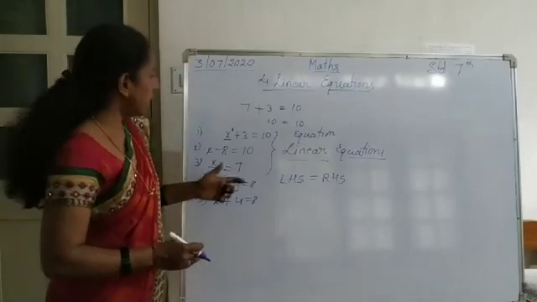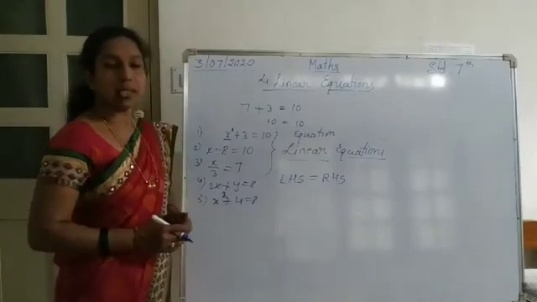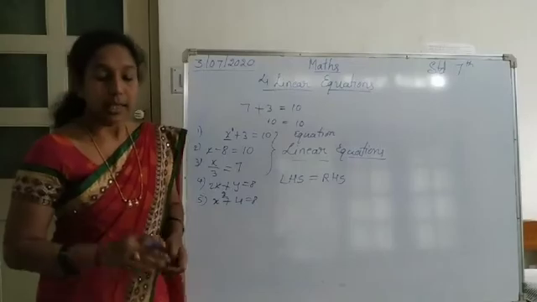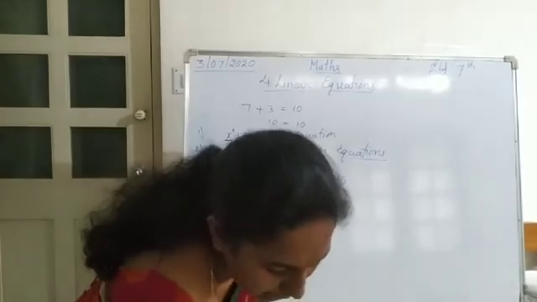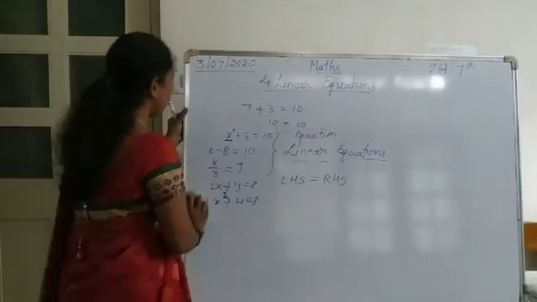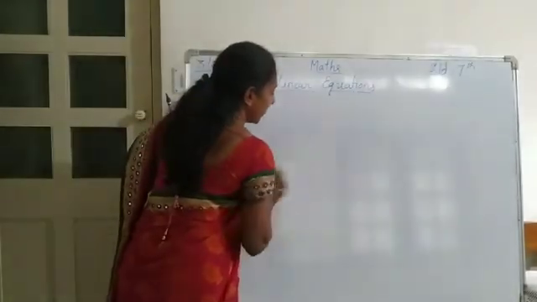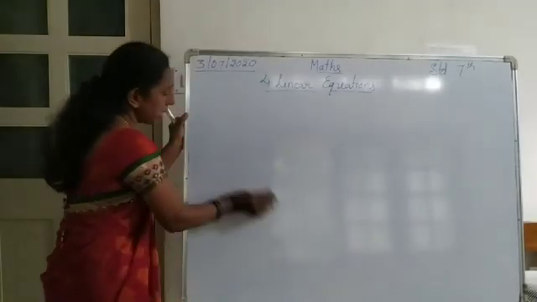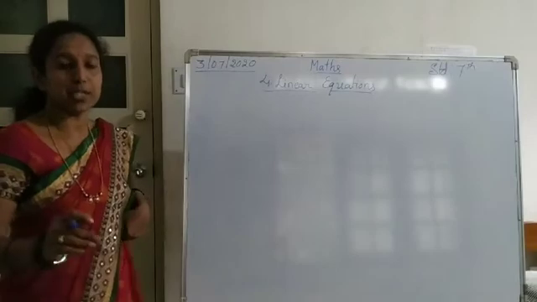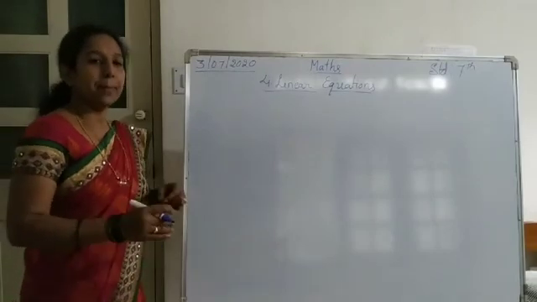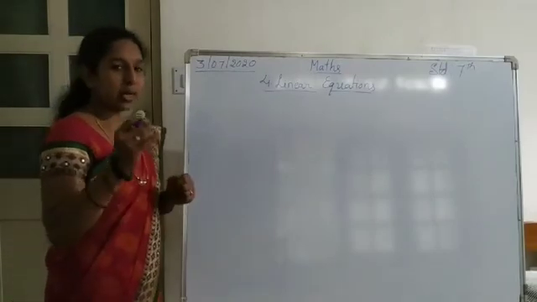To solve these equations we have different methods. There are three types of finding the solutions. The first one is called the trial and error method. In your textbook it is not given much, but it is one of the types.